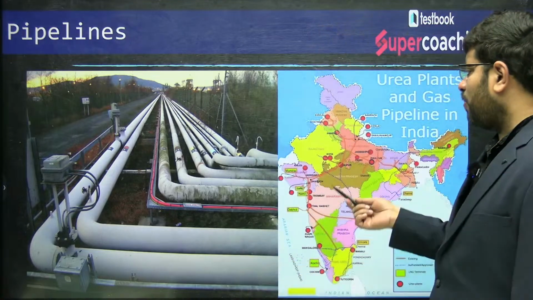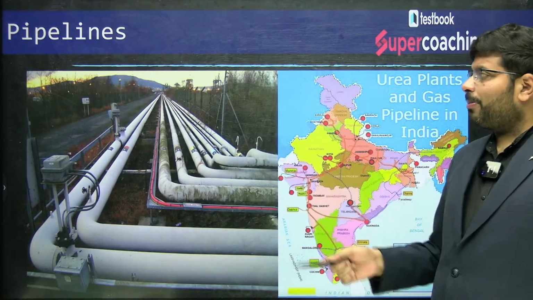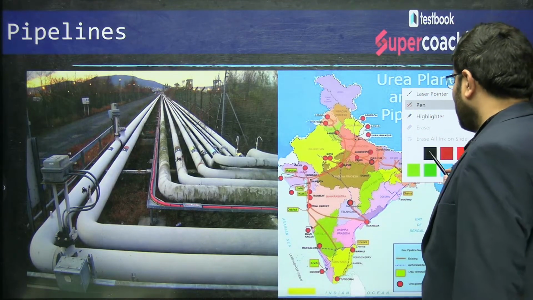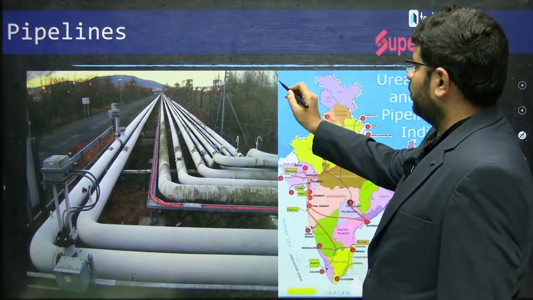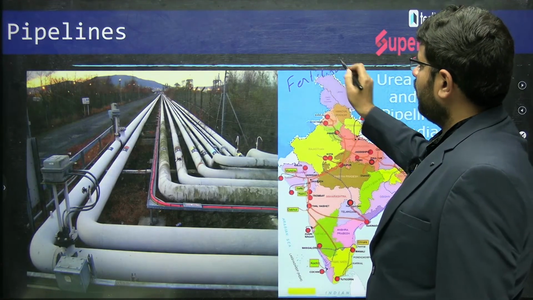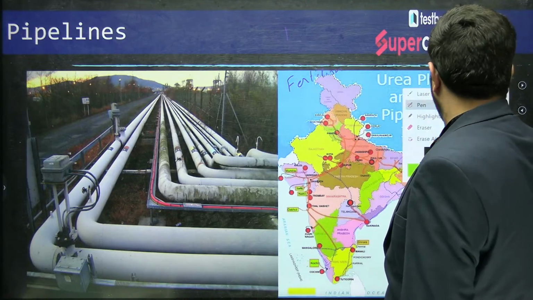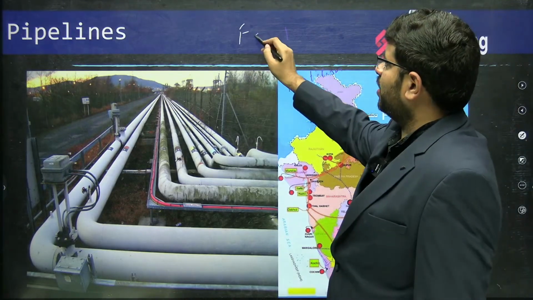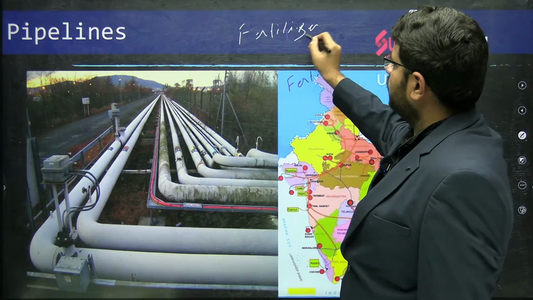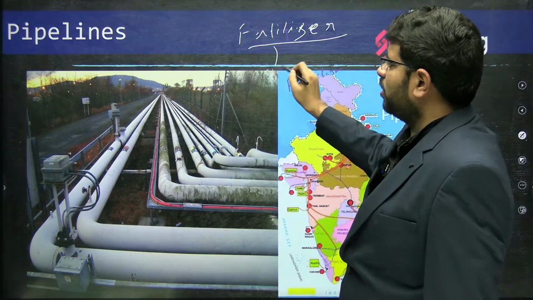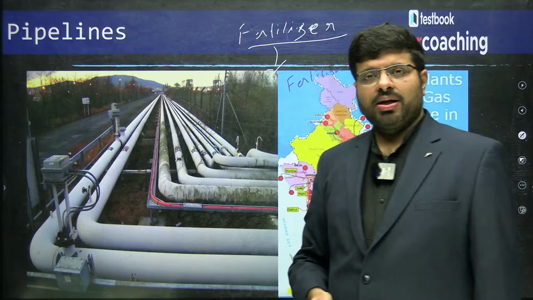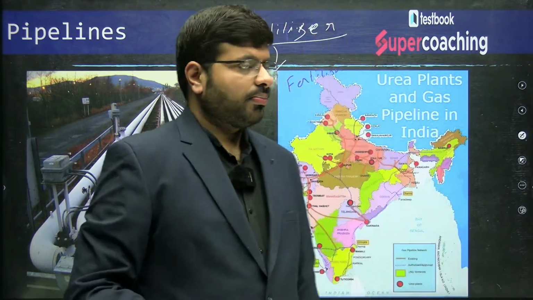So, you have a good pipeline industry, and along the pipelines, you can grow a decent amount of industries like fertilizers. Say, the fertilizer industry can be grown here. Along the pipelines, you can develop fertilizer industries. That is the key thing.